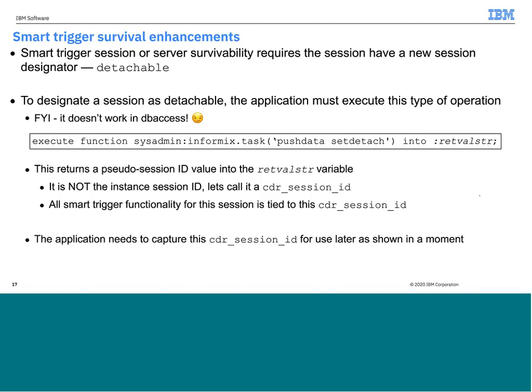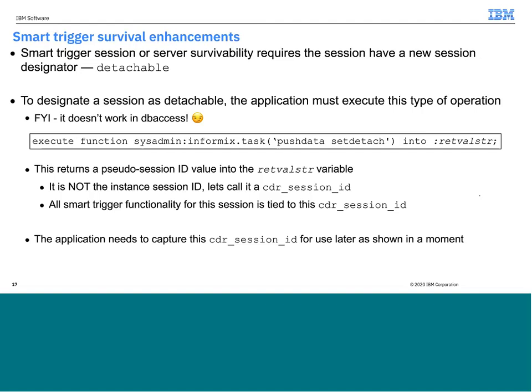To designate a session as detachable, you have to run this particular function in your session. And by the way, don't try this in DB Access. It doesn't work. It has to be either in a Java application or Python or something. So you have to execute this push data set detach function.